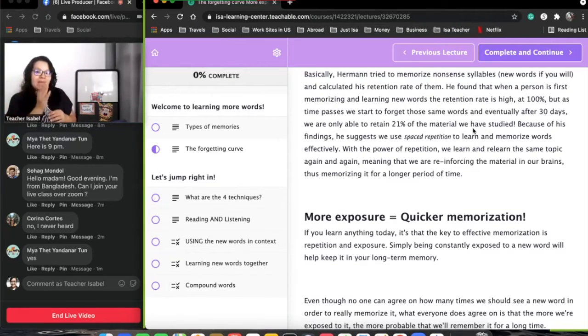But as time kept passing, after a day, a week, a couple weeks, a month, he noticed that on day one he was remembering red, blue, green, yellow at 100%, but 30 days later he could only remember yellow, for example. After 30 days, we are only able to retain 21% of the material that we covered. Isn't that crazy? This is exactly how we forget things.